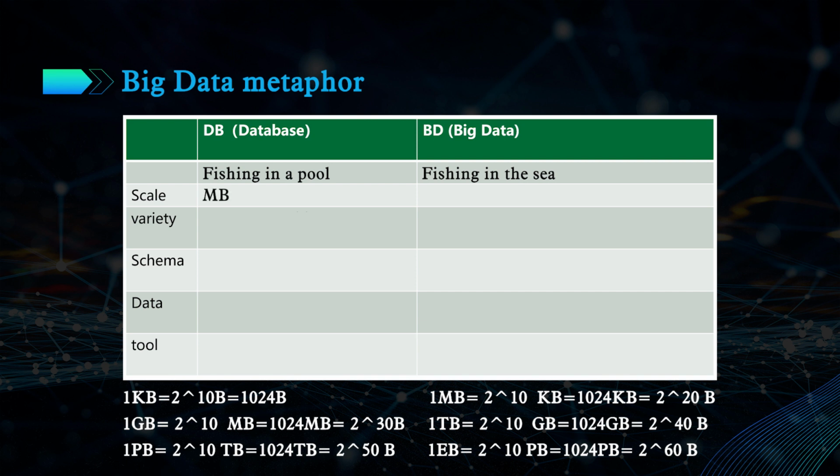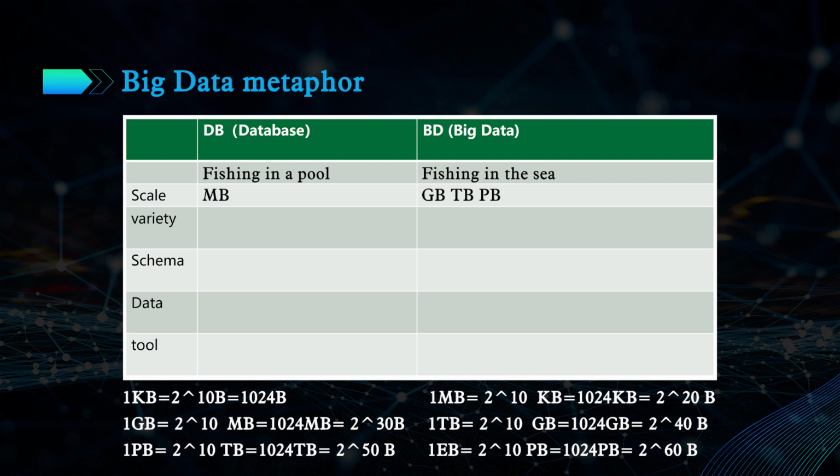Database scale is megabyte, 2 to the power of 10 KB, 2 to the power of 20 bytes. But the scale of big data could be gigabyte, terabyte, and petabyte, 2 to the power of 30, 40, 50 bytes.